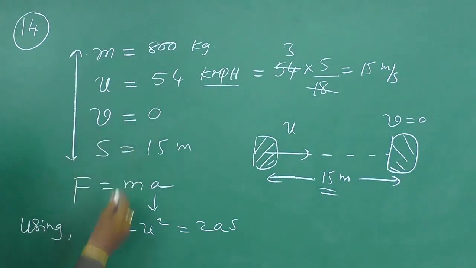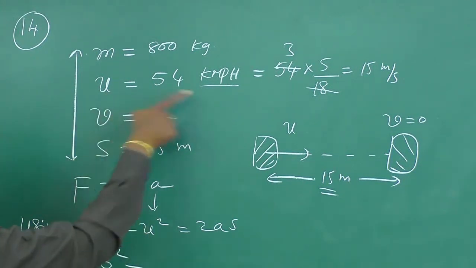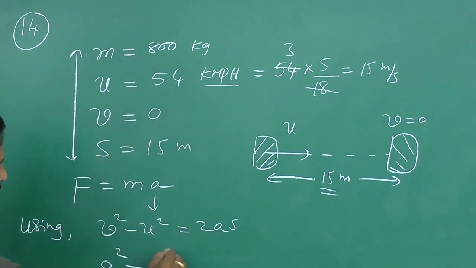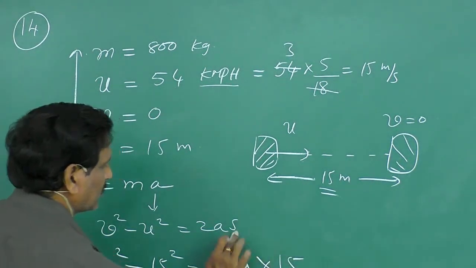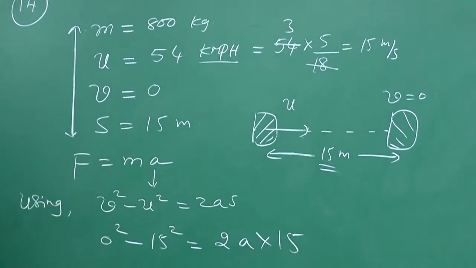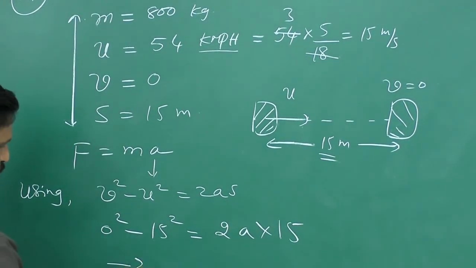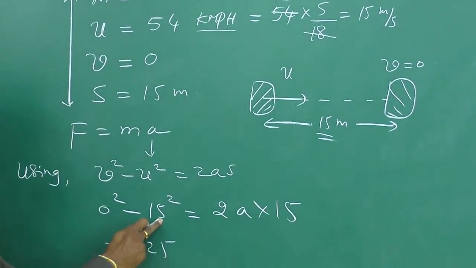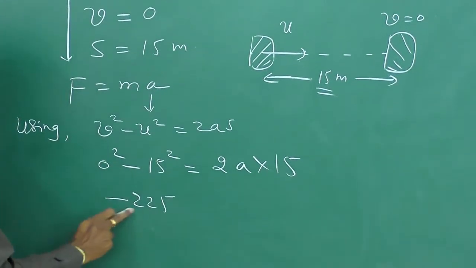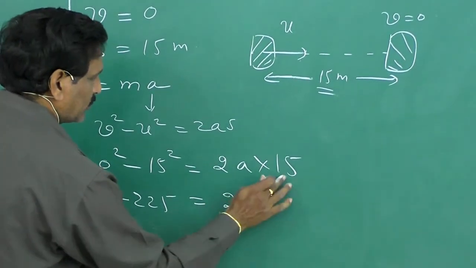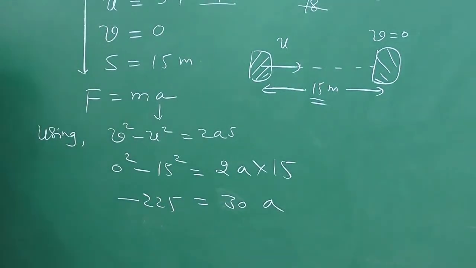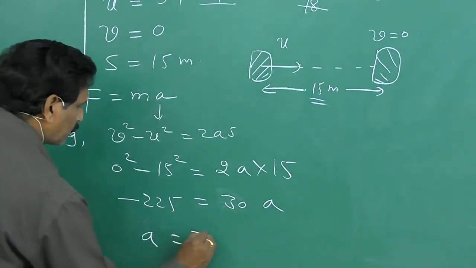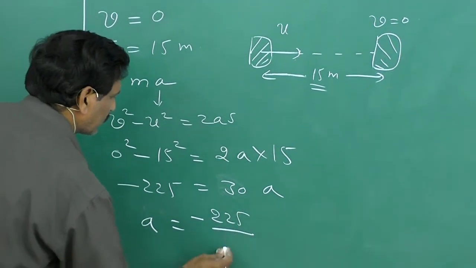So here v is 0, 0 square minus u square, that is 15 square, is equal to 2a into s, and s is 15 meter. So minus 225, because 15 square is 225, is equal to 2 into 15, that is 30 into a. So a is equal to minus 225 by 30.